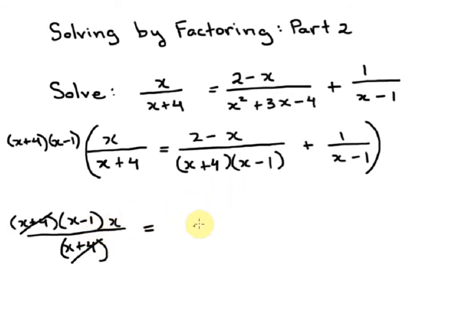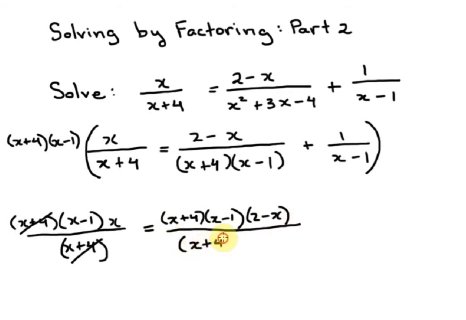In the middle here, we're going to have x plus 4 times x minus 1 all over 2 minus x. All times 2 minus x, and all over x plus 4 and x minus 1. Now, the beauty is this guy cancels and this guy cancels. So this really simplified for us.